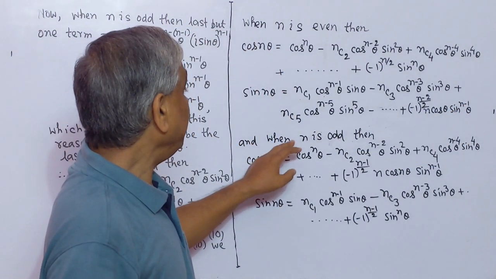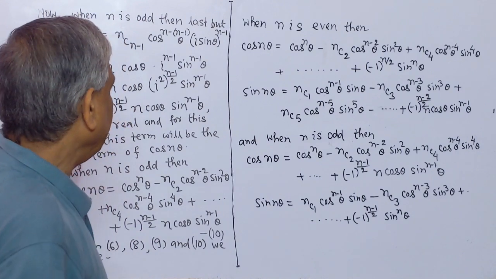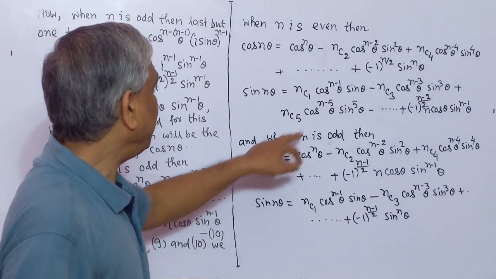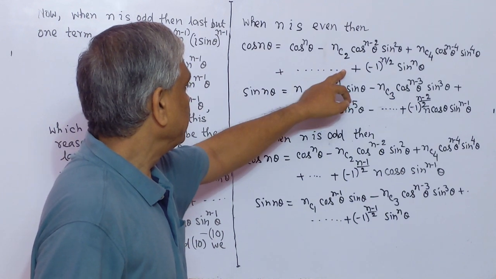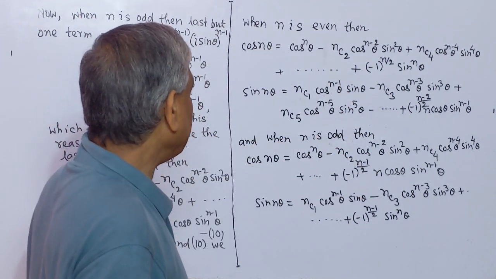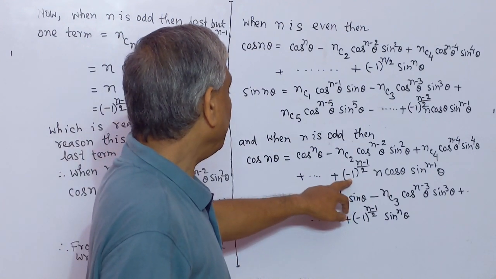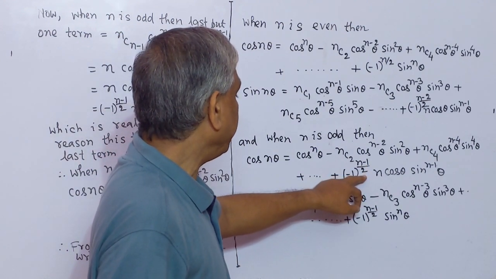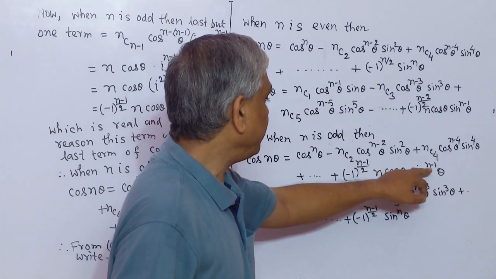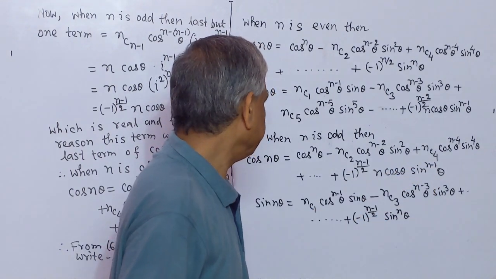Similarly, when n is odd, the expansion of cos n theta is the same up to this term, but the last term is different. The last term is minus 1 to the power n minus 1 by 2 n cos theta sin to the power n minus 1 theta.